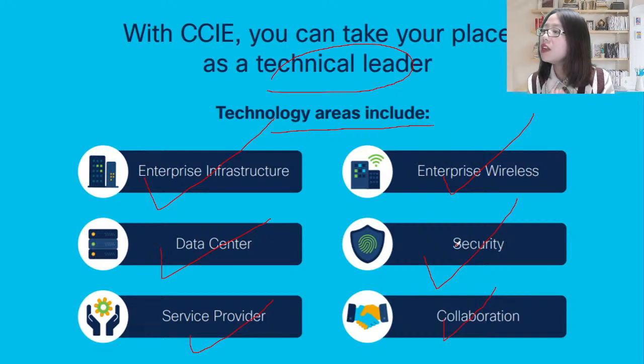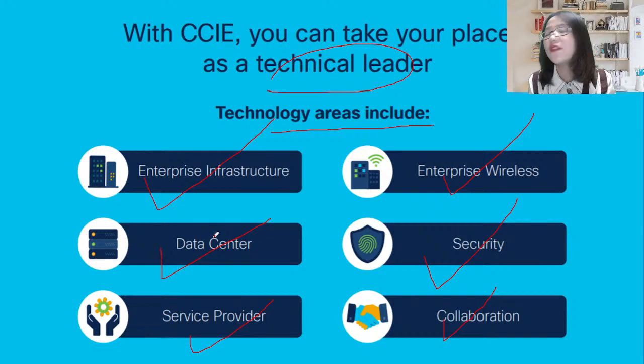But if you want to get wireless certification, do you have some foundation in routing and switching? Because it's the foundation of the other CCIE directions. MK is interested in EI. I see many friends are interested in the EI track.